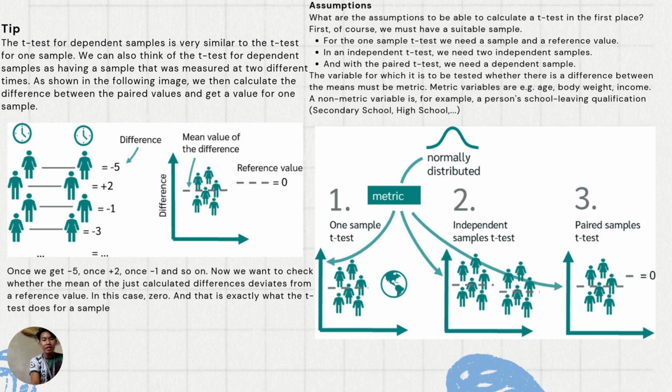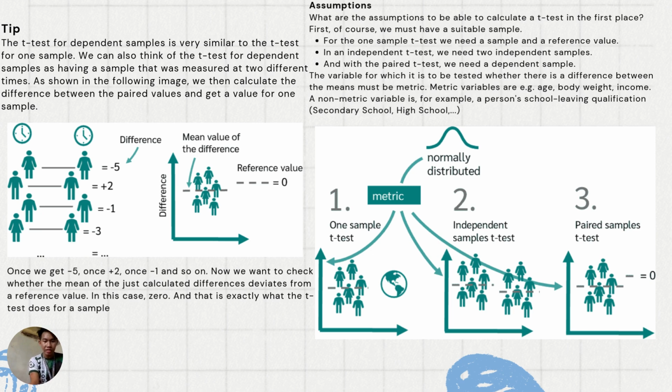And with the paired t-test, we need a dependent sample. The variable for which we test whether there is a difference between means must be metric. Metric variables are age, body weight, income, and a non-metric variable is, for example, a person's school leaving qualification, such as secondary school or high school.